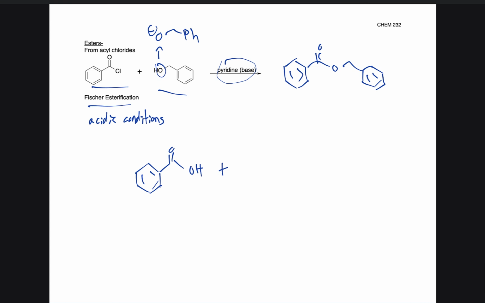So we have some sort of general carboxylic acid here, and I'll draw out the full thing. We have ethanol, a carboxylic acid and alcohol, and we include an acid. We get to the resulting ester.